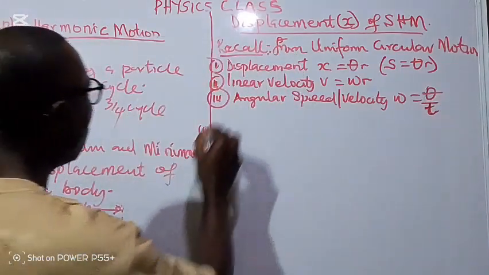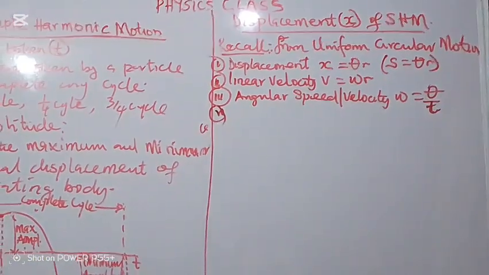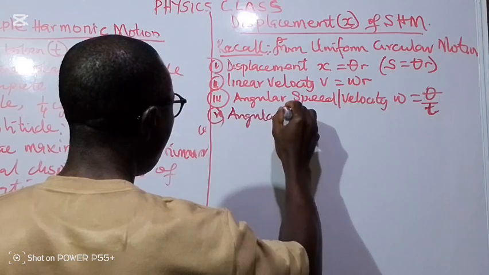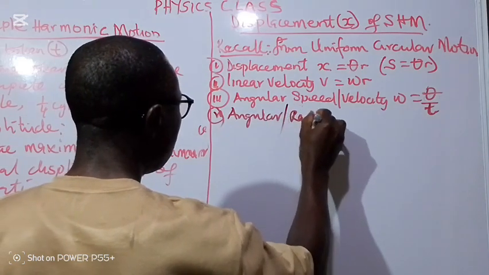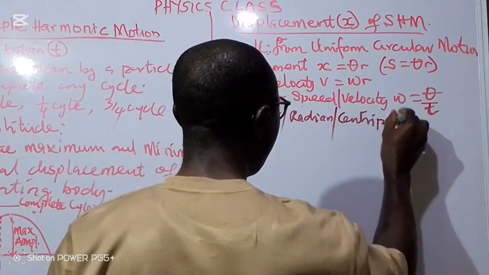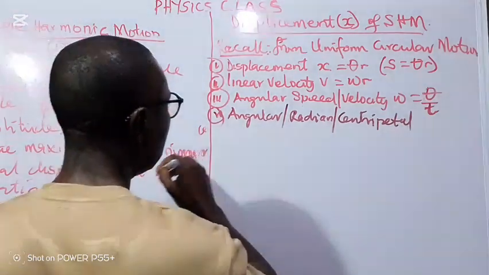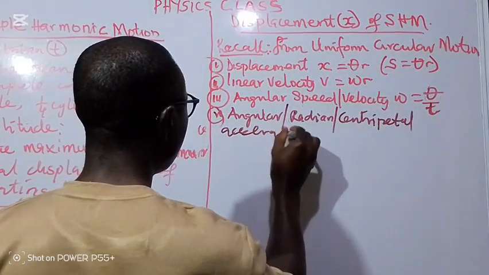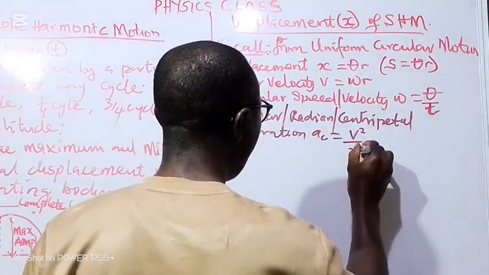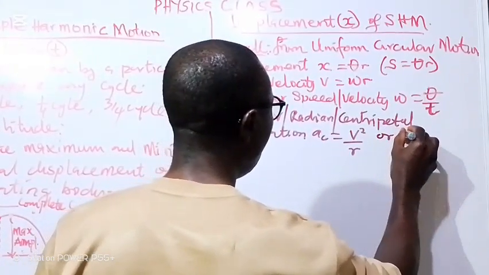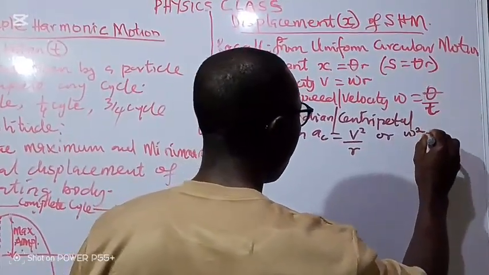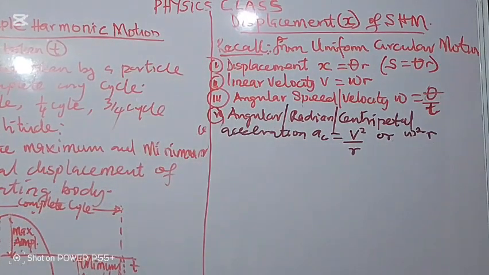Roman figure 4, angular or radian, or centripetal acceleration: a is equal to v square over r, or omega square r. That's another formula for centripetal acceleration.